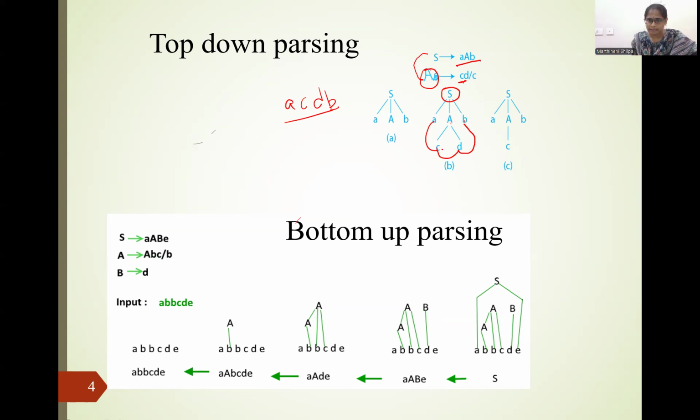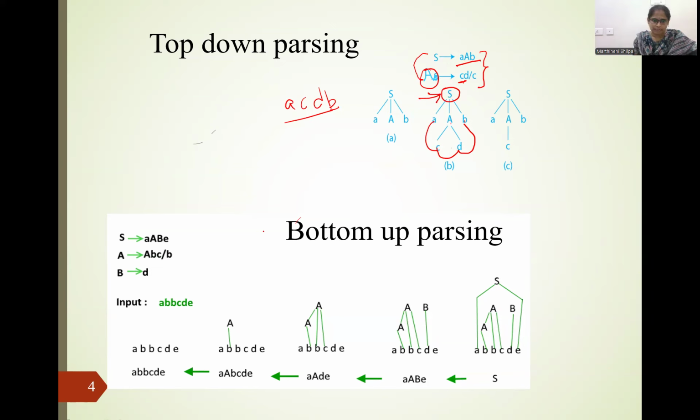This is the given input string, which is parsed by using these production rules. So we can say that the input string is parsed with the help of this grammar. This is called top-down parsing, and this process is done from root node to leaf node.